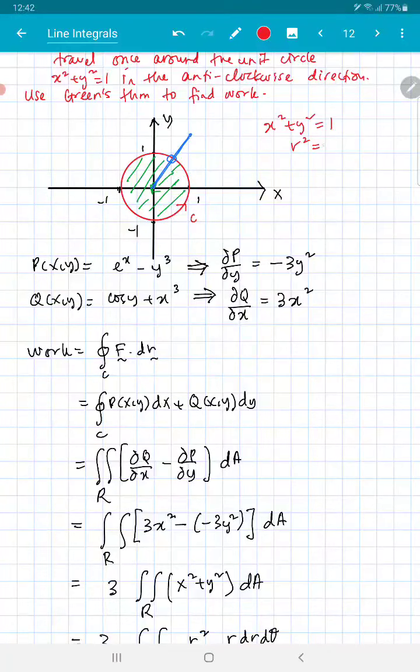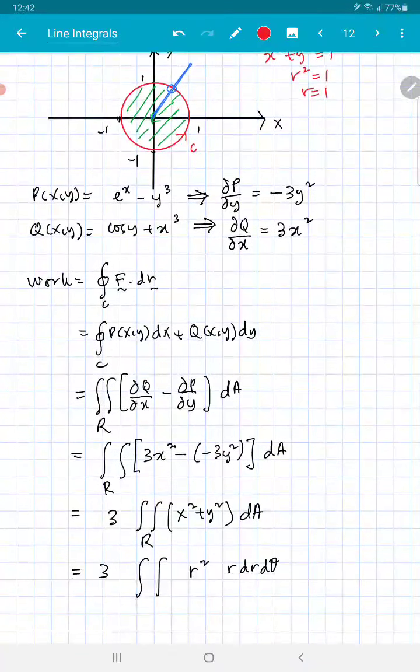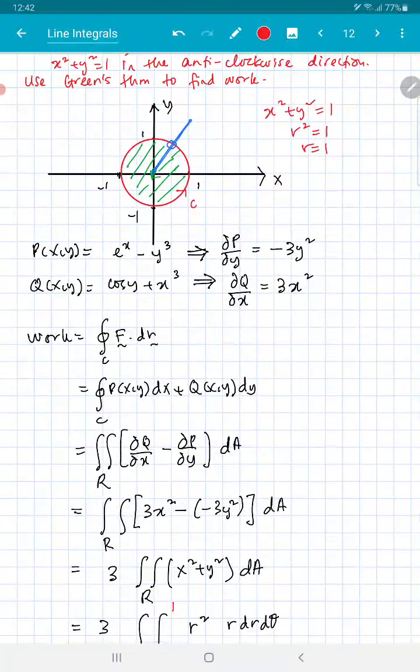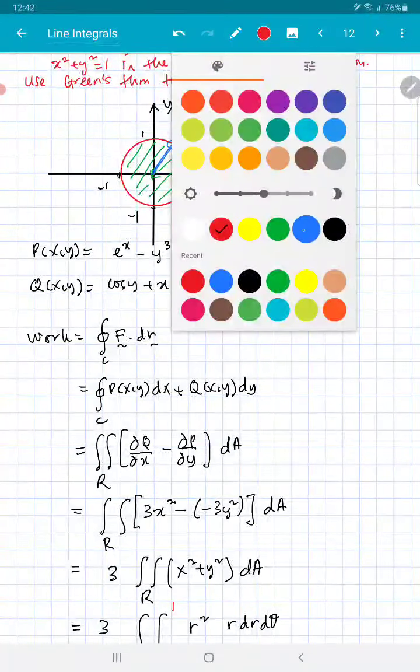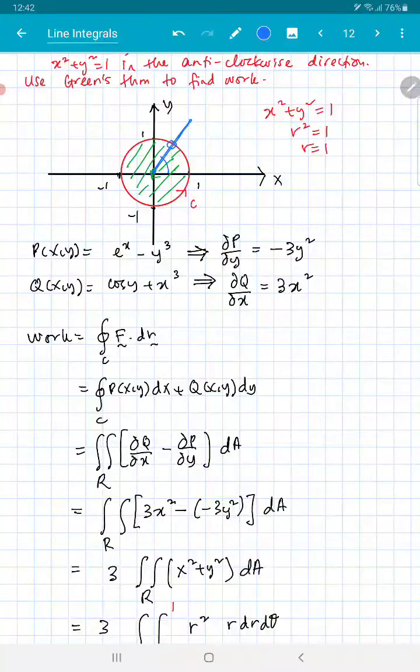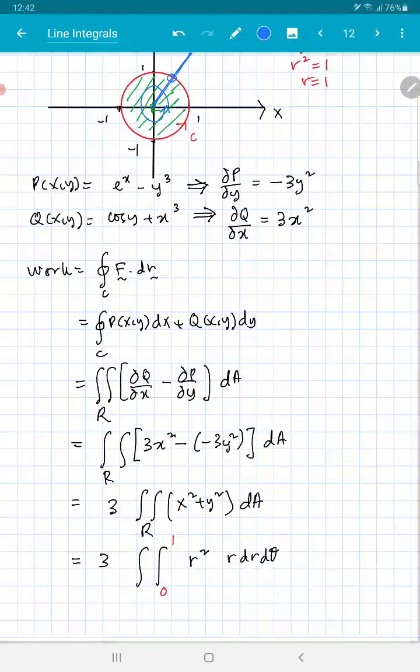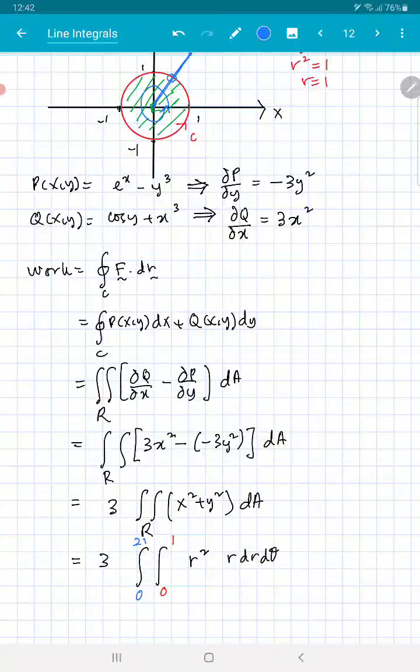So this is r squared equals 1, or r is 1. So the limits for r is from 0 to 1. And for theta, we measure theta from the positive x-axis in the anti-clockwise direction. It is one whole circle. So theta is going to be from 0 to 2 pi.